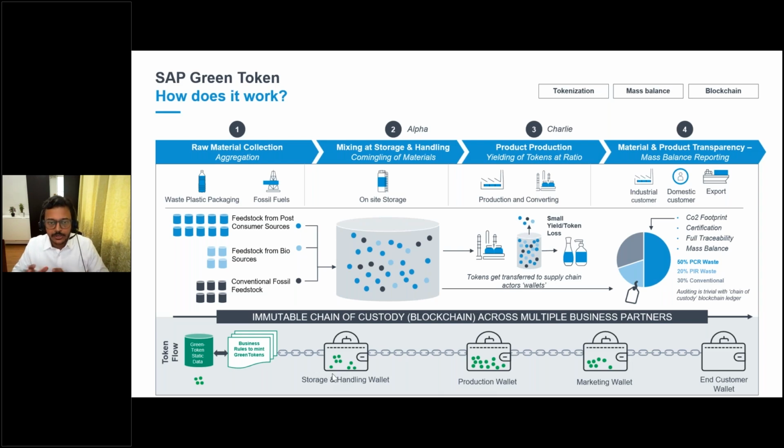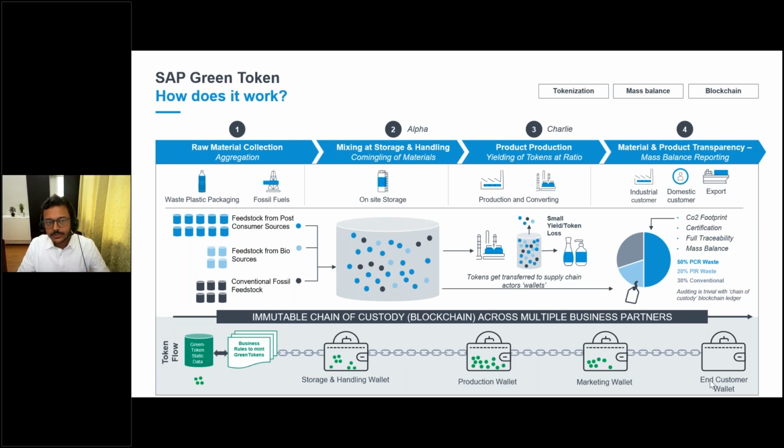Then you have your production wallet that keeps track of all the conversions and so on. And then you have your marketing and end customer wallets where the outbound flow is modeled, and you can assign the tokens to different orders. Here again, the tokens would either get retired from the network or transferred to the customer, depending on whether the customer is on Green Token or not.